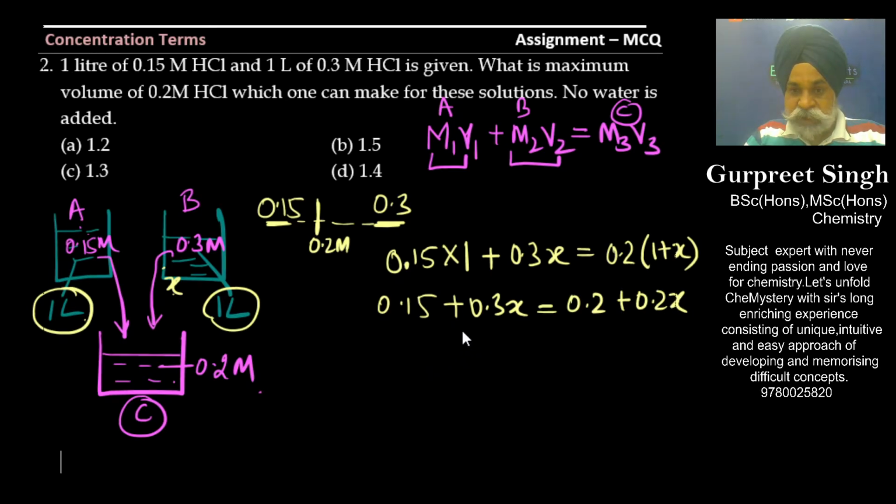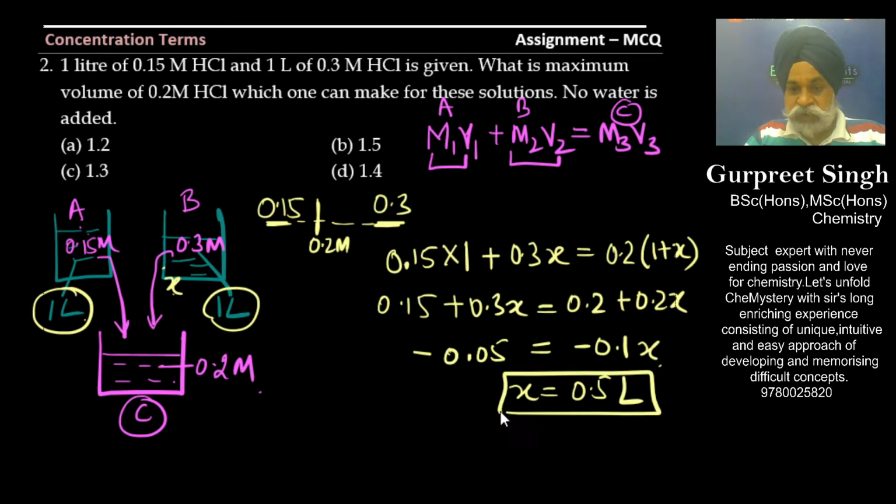So what does it give me? 0.05 is equal to minus 0.1x, so x is 0.5 liters. So this is the maximum volume which we can generate.